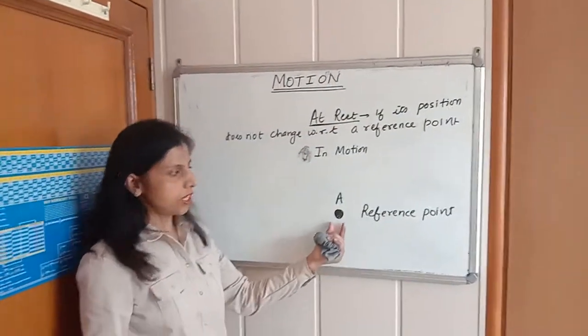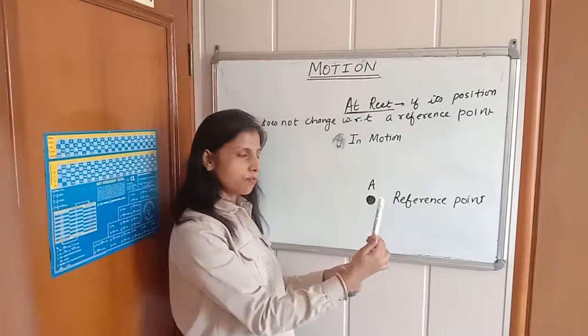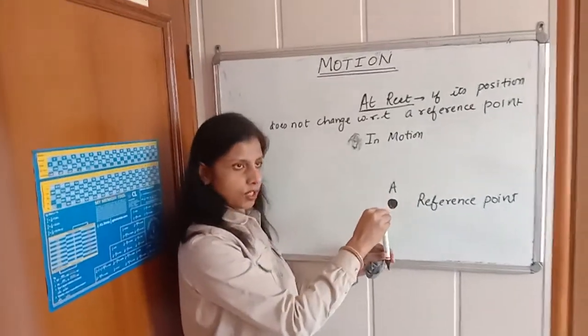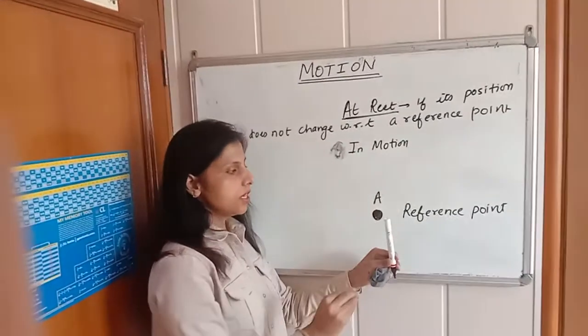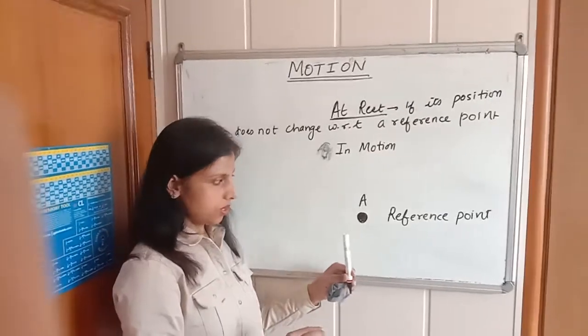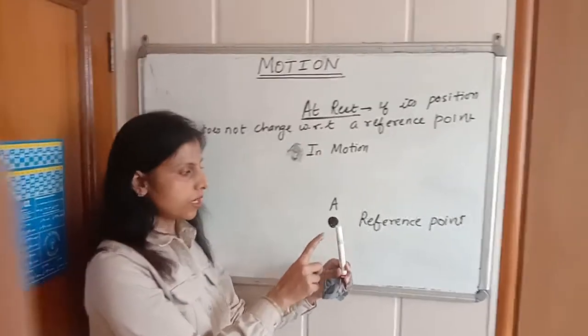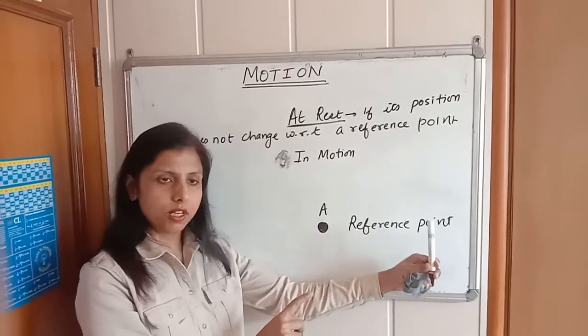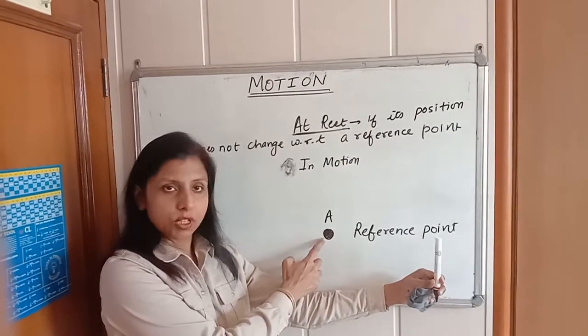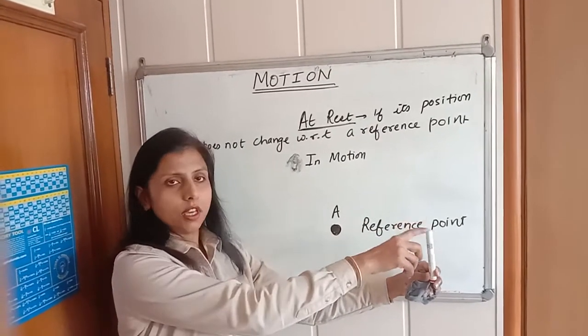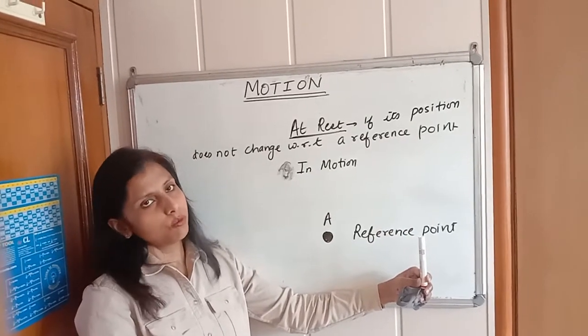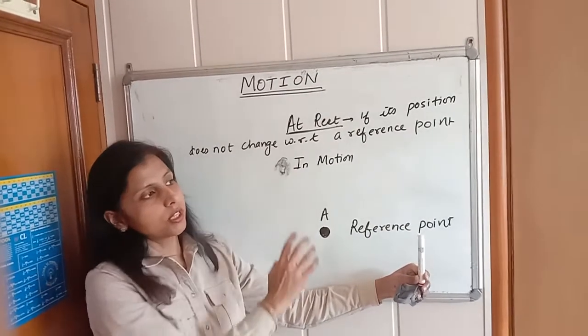Now again, if I'm taking this as a reference point and this is my object, if the position of this object is changing with respect to the reference point, right now it is here, after 1 second it is here, after 1 more second it is here, now the position is changing with respect to this reference point. I will say this object is in motion. So when do we say the body is in motion?